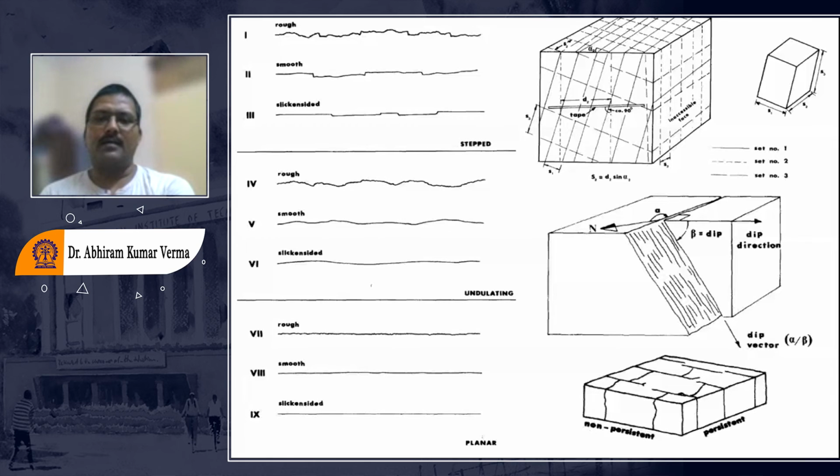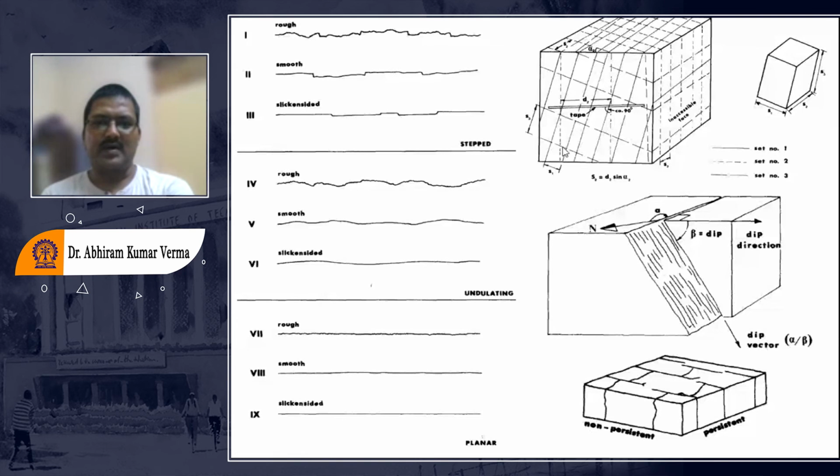Now here in this figure, I am trying to show you how we define these joint sets. In this particular plane, this is a square area, and it is represented by a tape. The tape we have shown you in the field. You can see these dotted lines.